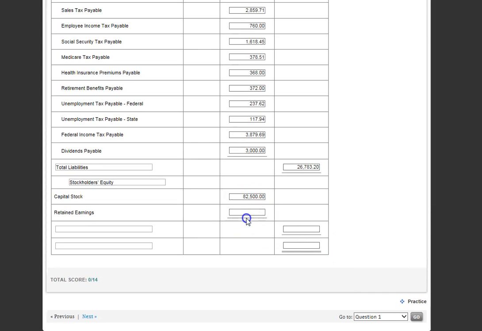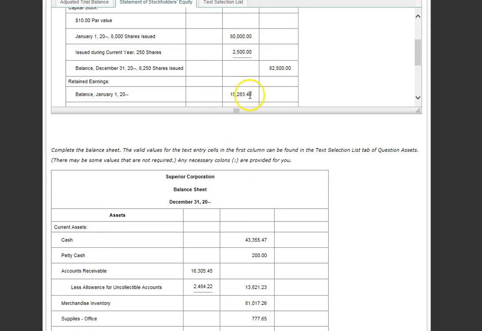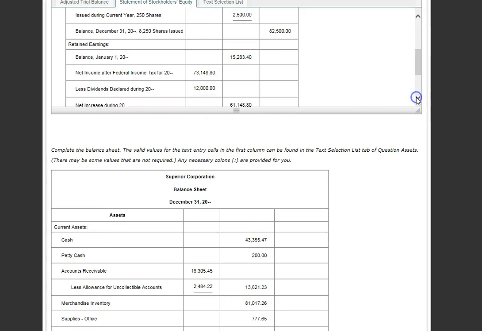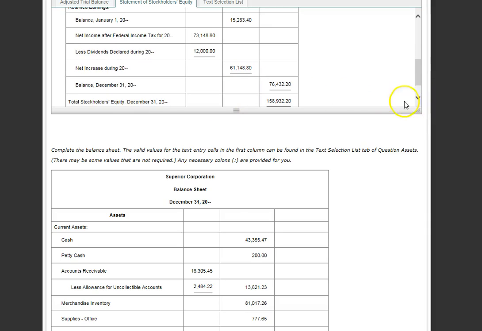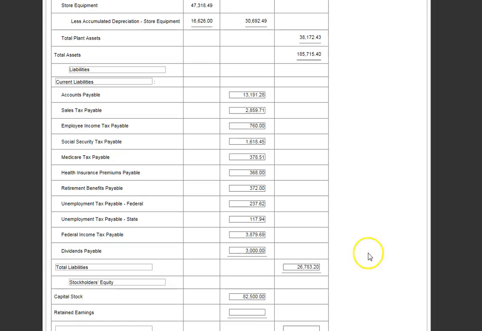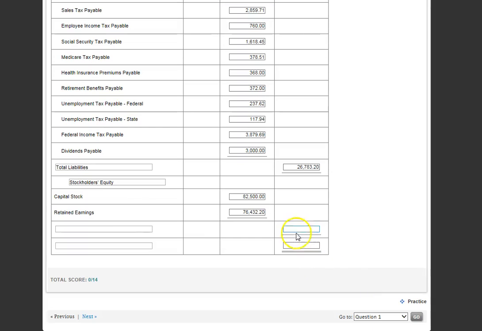Retained earnings, $76,432. Almost done.